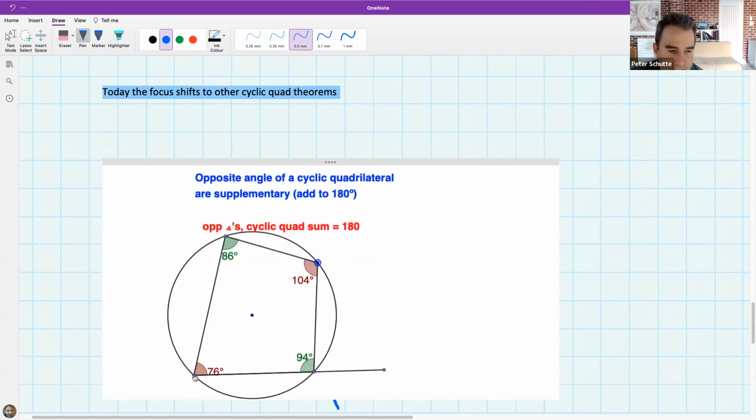And then on the other side, 76 and 104. And these two pairs are called interior opposite angles. So the interior opposite angles of a cyclic quad, so not any quadrilateral, this is a very special type of quadrilateral. It fits in a circle exactly. The interior opposite angles add up to 180, or sometimes we say they're supplementary.